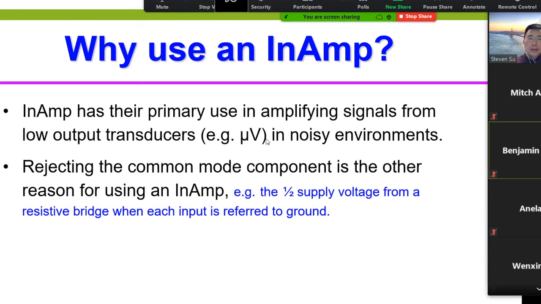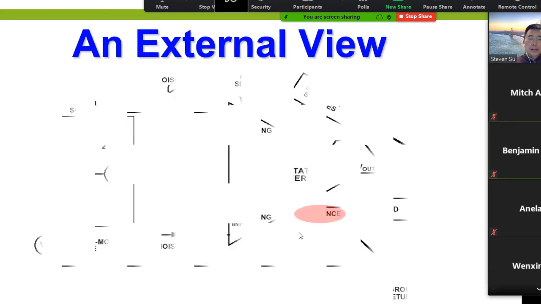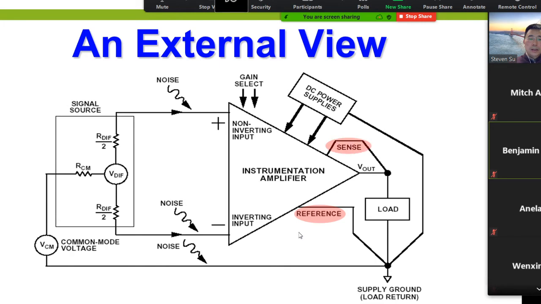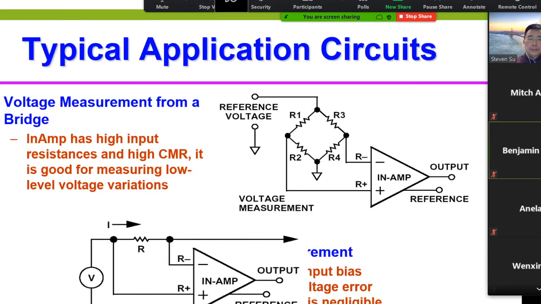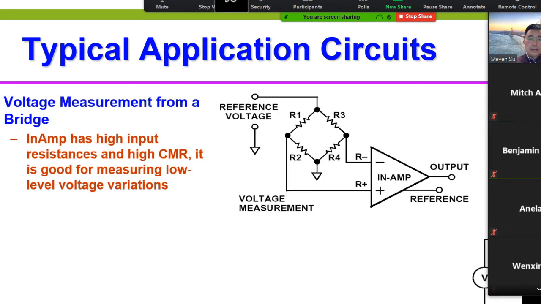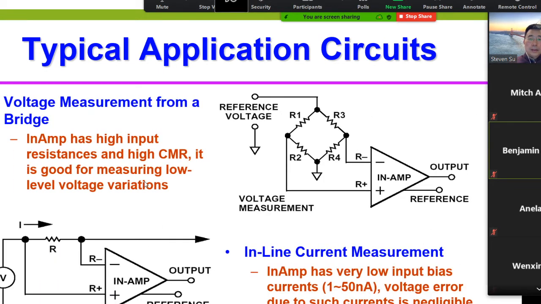So we need to put them together and build the super instrumentation amplifier op amp, and so they can handle very low signals. A long time ago, they used a bridge circuit to measure very weak signals. But now if you have an instrumentation amplifier, you can do it better.